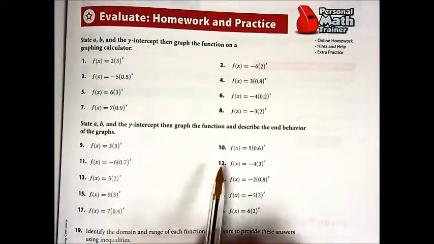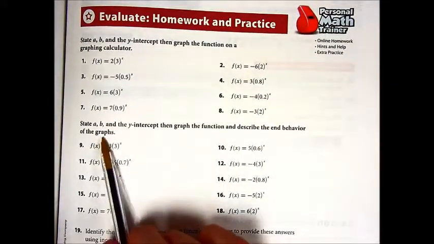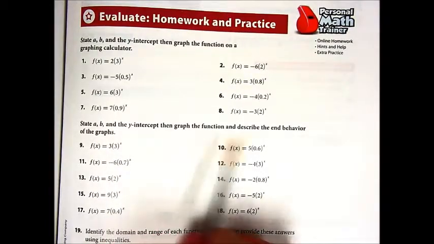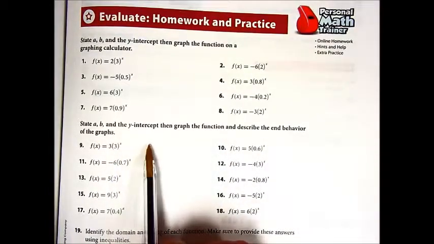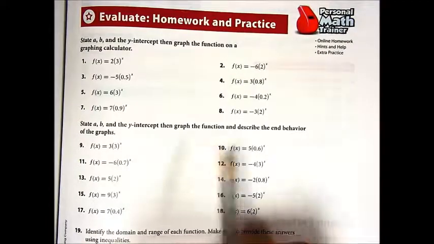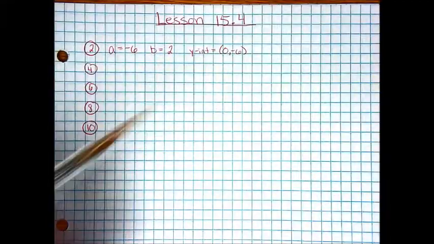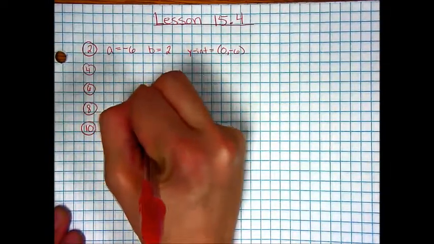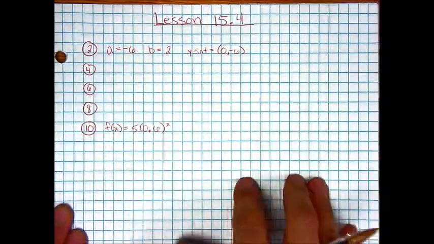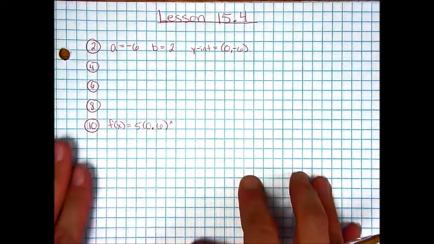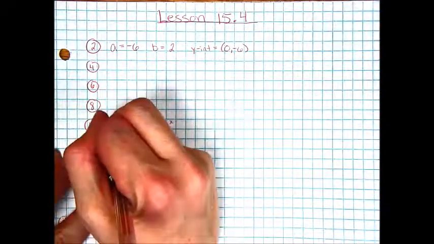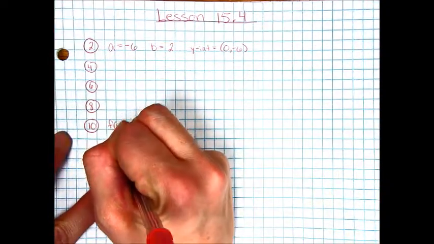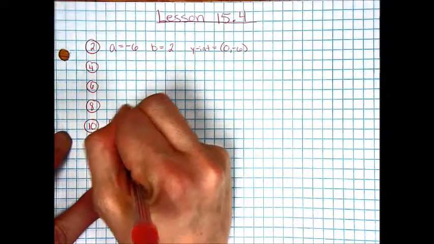When you get to 10, the directions do change. For the remaining 5 problems you have, state A, B, and the y-intercept, then graph the function, and describe the end behavior. So it's basically everything you did on your notes. You have to do all of those things for all of these problems. So real quick on 10, let's get you set up accordingly. You're going to have to be able to graph this, which means you're going to need a table of values.